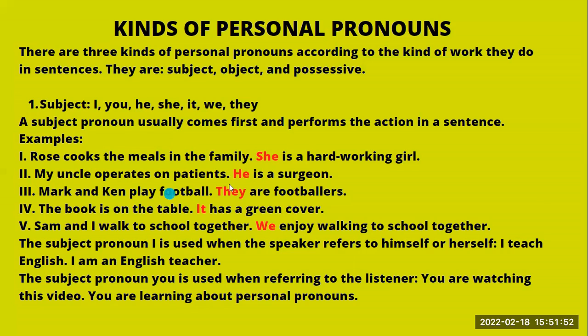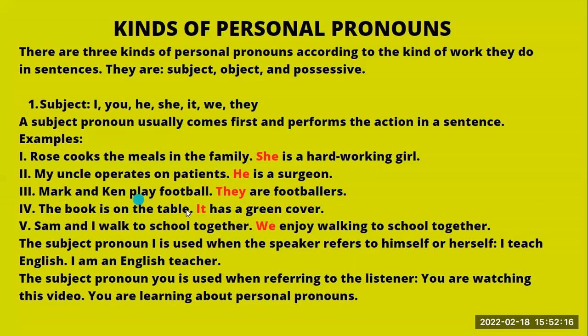My uncle operates on patients. He is a surgeon. So you see, my uncle is the one who comes first here, the one doing the action. And so when we replace my uncle with he, the personal pronoun also comes first in a sentence.